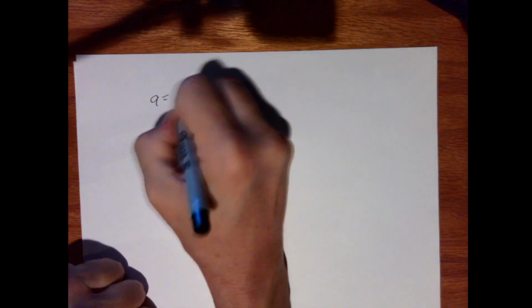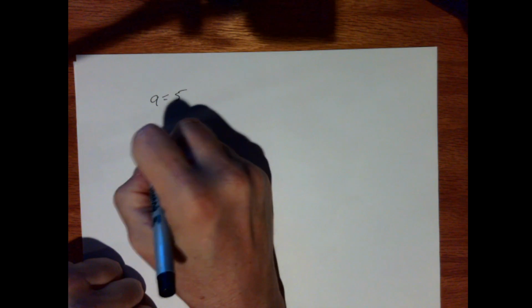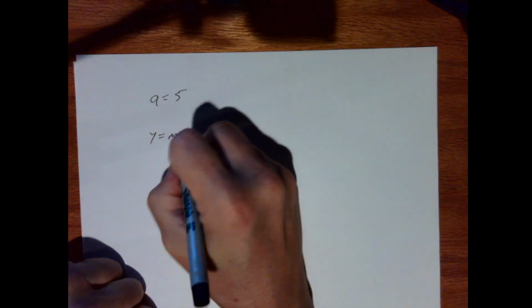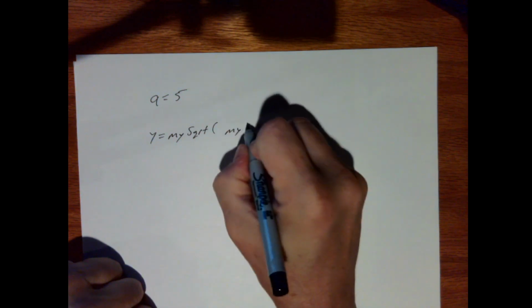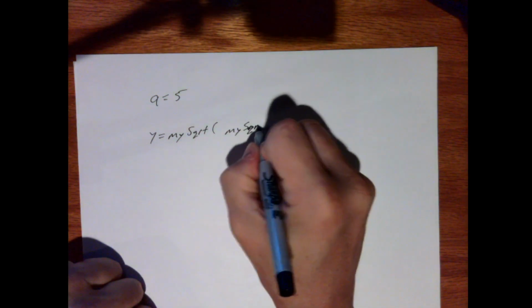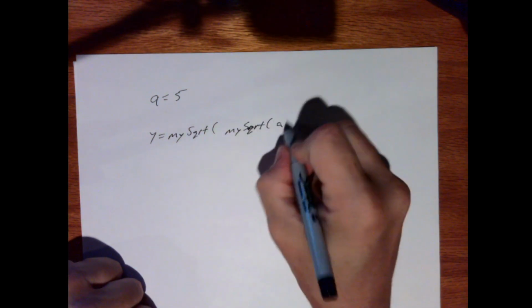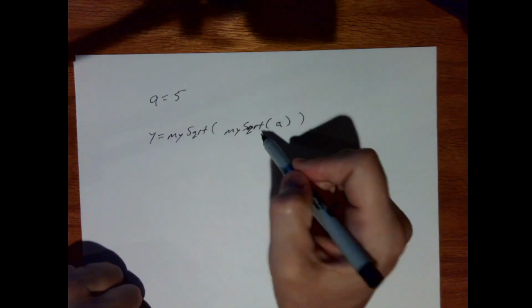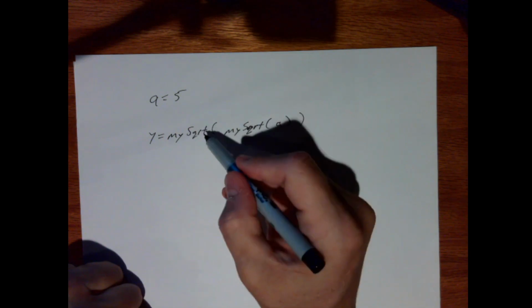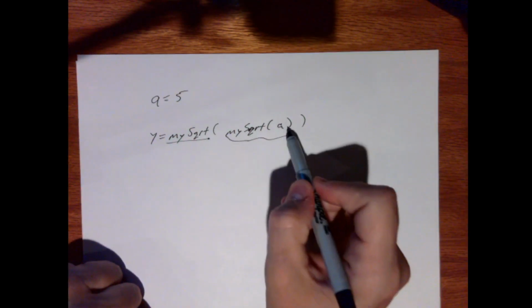So I have this right here. So remember, we have a is equal to 25. And so when I say y is equal to my square root of my square root of a, this is evaluated from the inside out. It can't tell me what this is without knowing what this is, right?